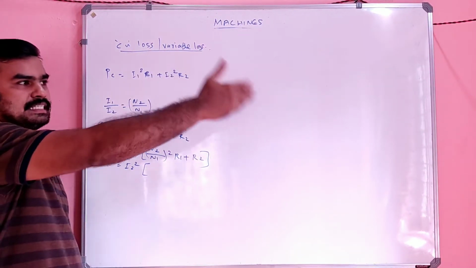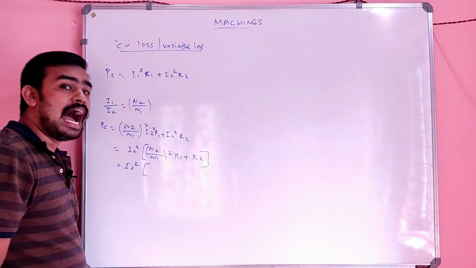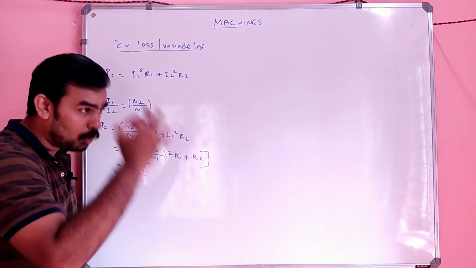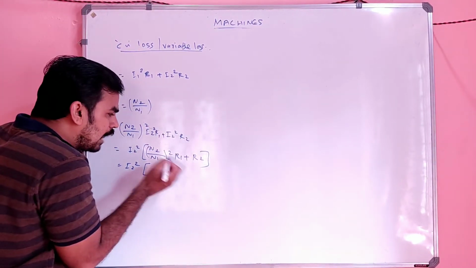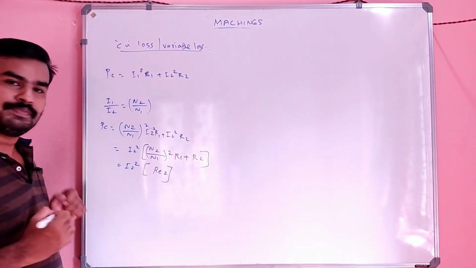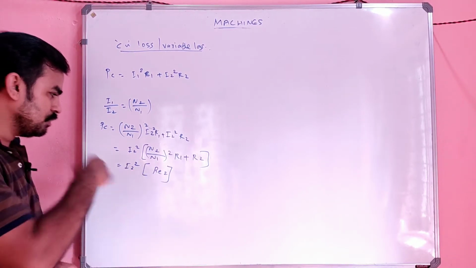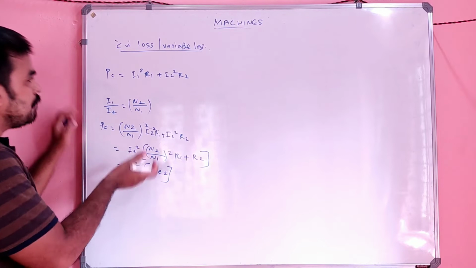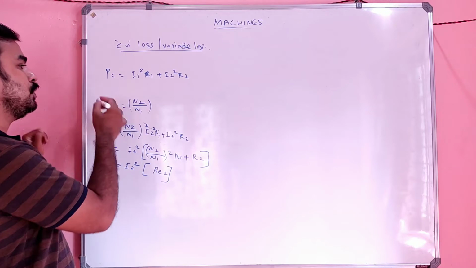R2 is the secondary resistance, and N2 by N1 the whole square into R1 is the resistance of the primary referred to the secondary. So R2 plus R1 into N2 by N1 the whole square is nothing but R equivalent, the total equivalent resistance referred to the secondary side. So the copper loss is equal to I2 square R equivalent. Or, if you convert the same thing in terms of I1, I2 will be equal to N1 by N2 into I1.